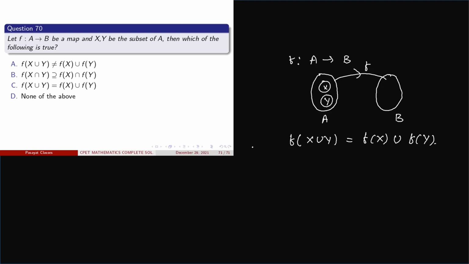This statement is true because if we take f as a function, then according to the definition of function, this property must hold. f of x union y is equal to f of x union f of y by using the definition of function. Clear? So here option number C is the correct one.